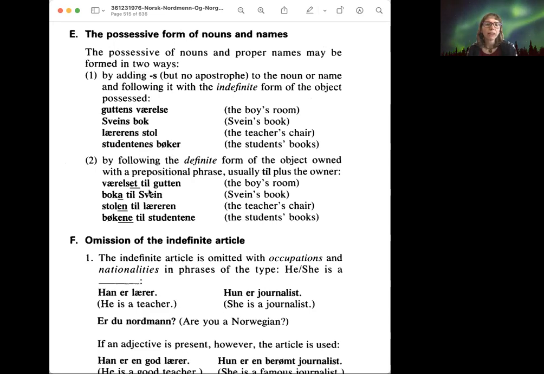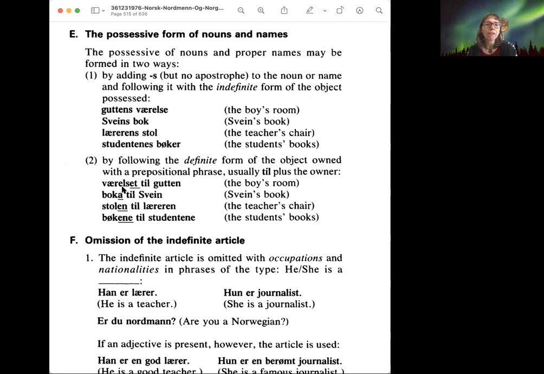And then there's another way that we show possessive of nouns and proper names, and that is by adding til. So when you're doing it this way, you have to make sure that the noun you're talking about is in the definite form, like you see here. That's the difference from the one up here. When you're adding til, we want to have the noun in front of the person or the thing that owns it, in definite form.